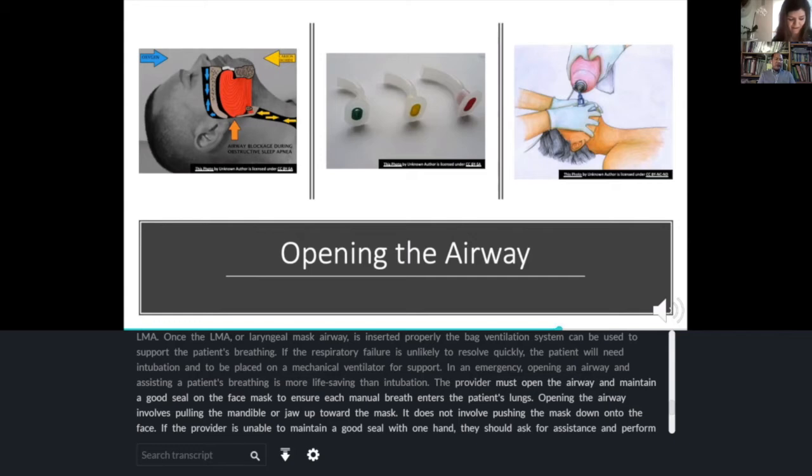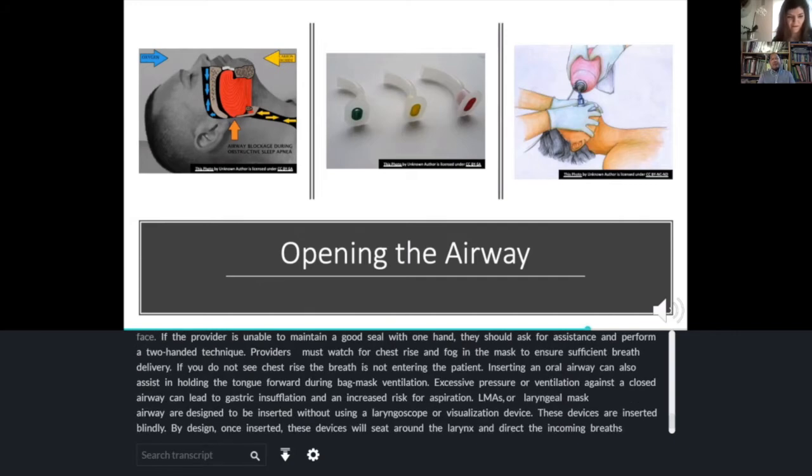The provider must open the airway and maintain a good seal on the face mask to ensure each manual breath enters the patient's lungs. Opening the airway involves pulling the mandible or jaw up toward the mask. It does not involve pushing the mask down onto the face.